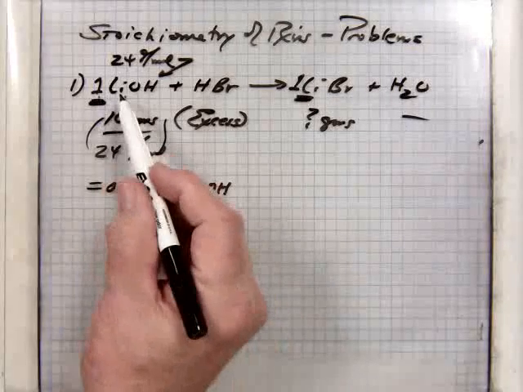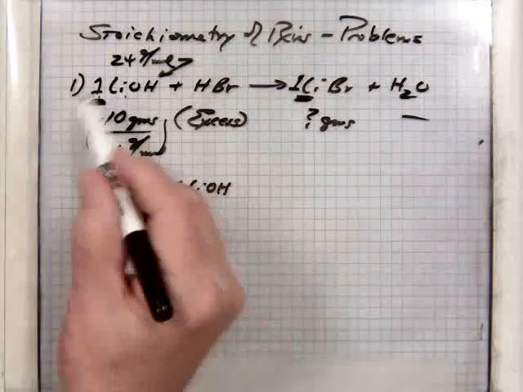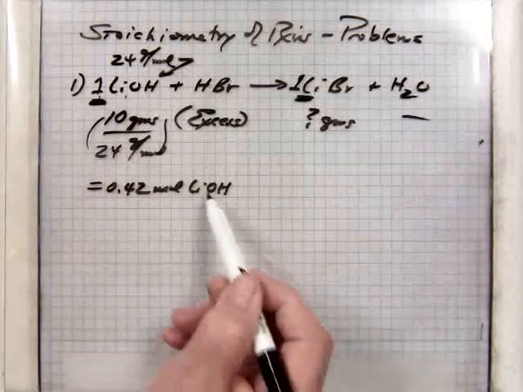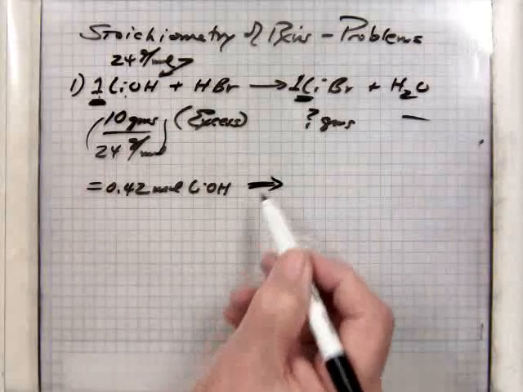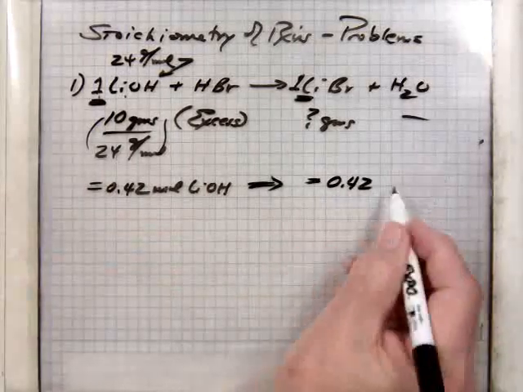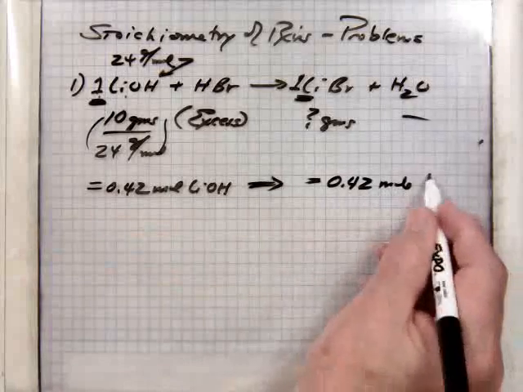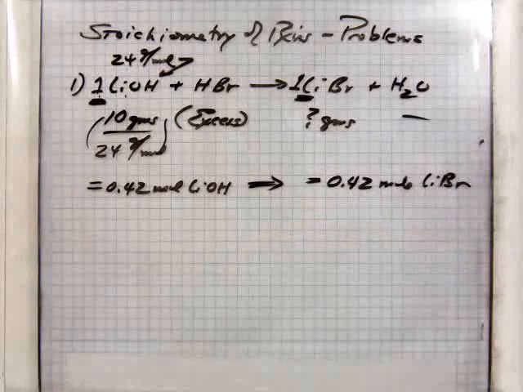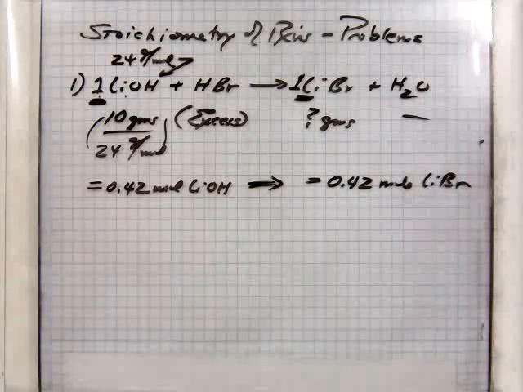So if we are using 1 mole lithium hydroxide, it's going to produce 1 mole, but if we're using 0.42 mole lithium hydroxide, this is going to produce the same number in mole value, 0.42 mole of lithium bromide. Then you convert it back to grams, is what they're asking.